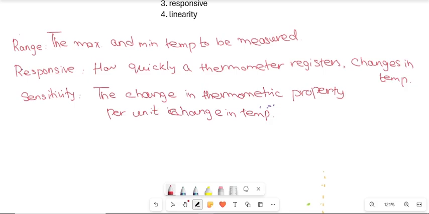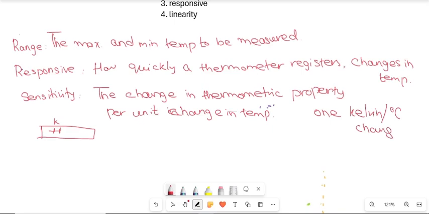Let me give you an example. You have a thermometer here, and then it changes this much for a certain part. So if there's one Kelvin or degree Celsius change, how much does this thermometric property change with it?